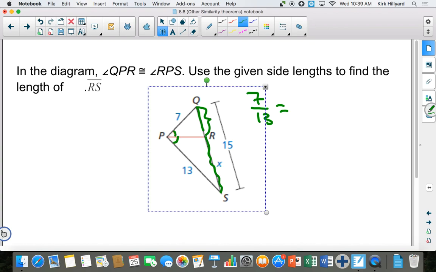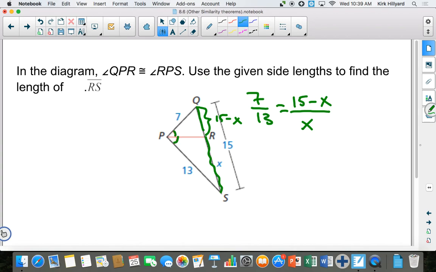We know that this is x and we know that's 15. So it's hard to say what that length is going to be because we don't know what x is. But we do know that if we take 15 and subtract x, it's going to give us that length. So that length is actually 15 minus x, and this length is x.